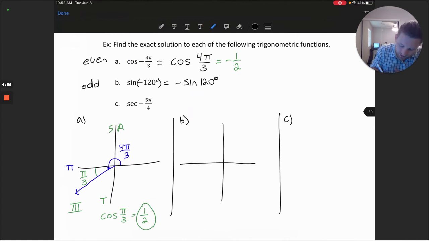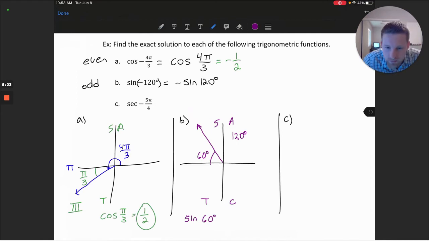So 120 degrees, we can draw that angle in the second quadrant. This will have a reference angle of 60 degrees. And so for our quadrants, all students take calculus, our sine of 60 degrees will be that reference.